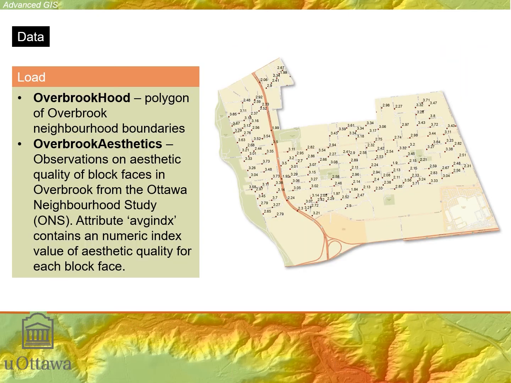So our data that we'll use in the example is for Overbrook. Overbrook is a neighborhood just across the Rideau River from Sandy Hill. It's a neighborhood that contains both low-income residential areas and very high-income residential areas.